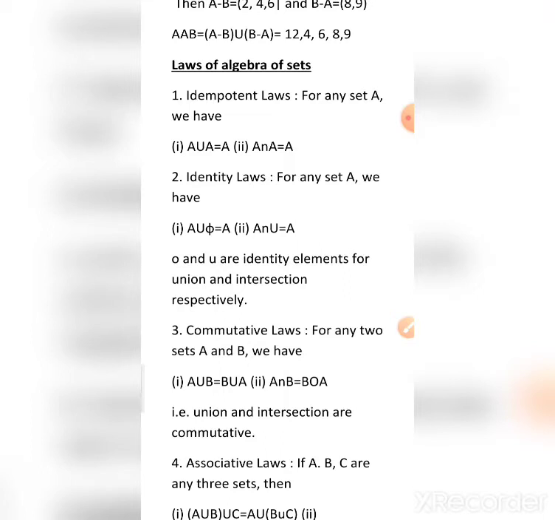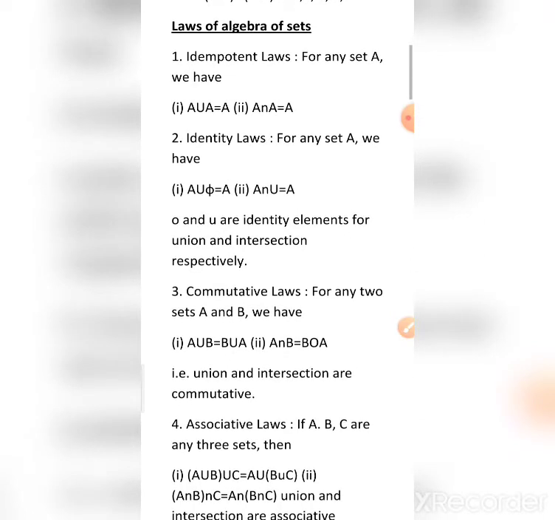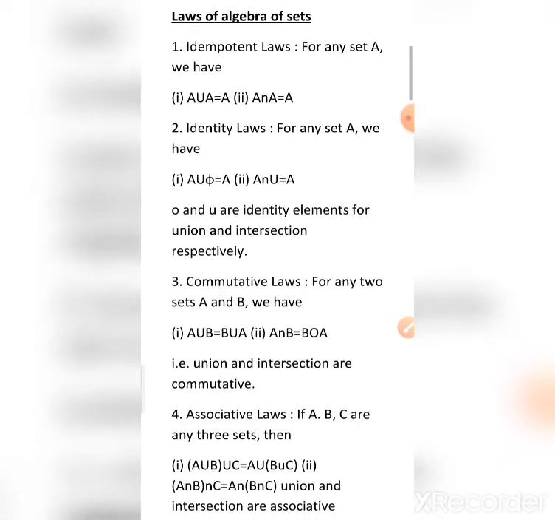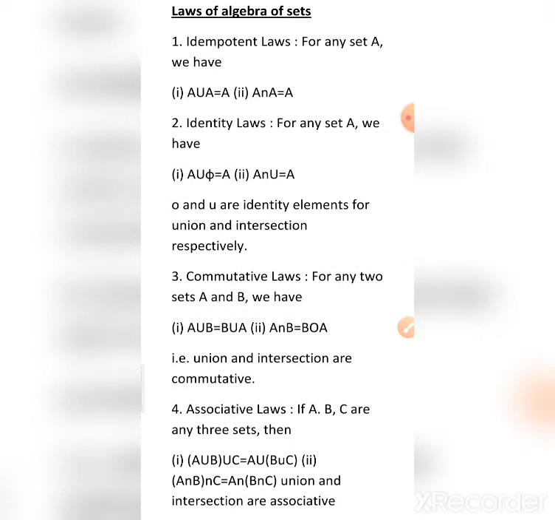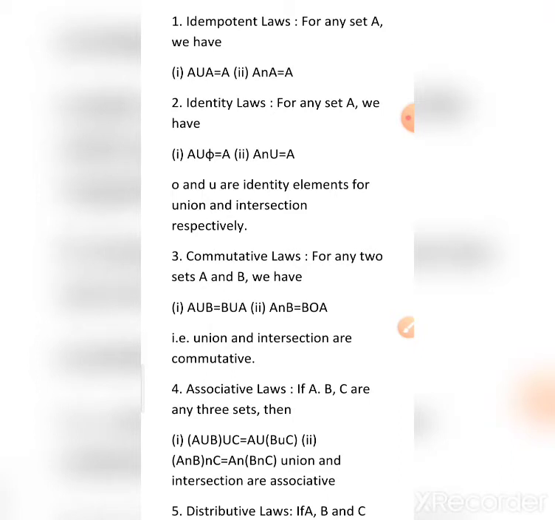Second law, identity laws. For any set A, we have the first rule: A union phi is A. Phi is the empty set and A is any set, so the union is the same set A. A intersection U is A, where U is the universal set. The universal set collects all sets, so A intersection U is A. Here phi and U are identity elements for union and intersection respectively.